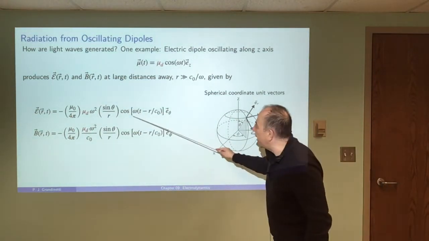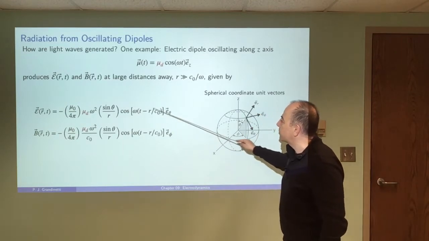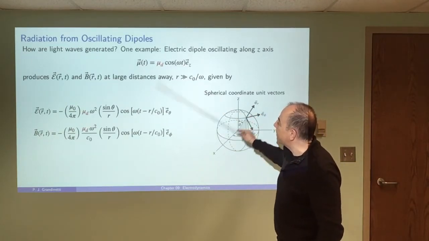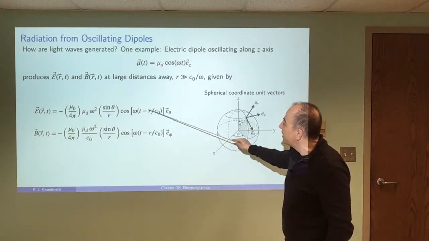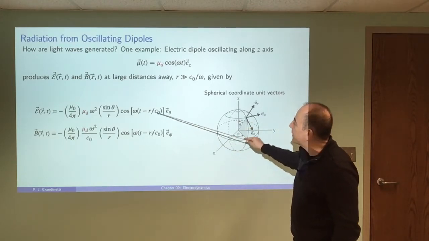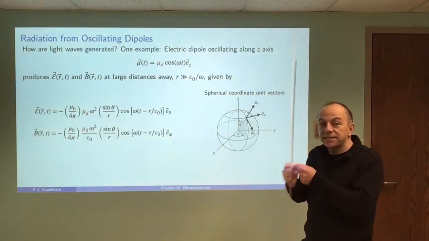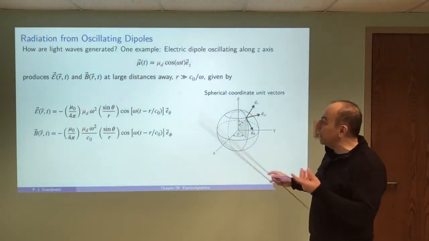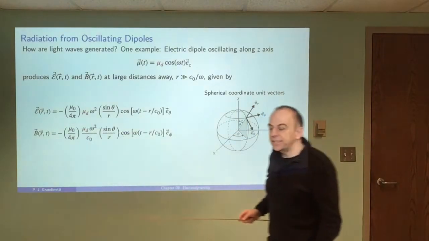And then here we have the oscillation of the electric field due to this oscillation, and you'll notice that it has the same time dependence, omega times t, but it's actually delayed by some amount, r over c, because it takes time for light to travel from the origin out to that point in space where we're actually detecting the oscillating electric field.